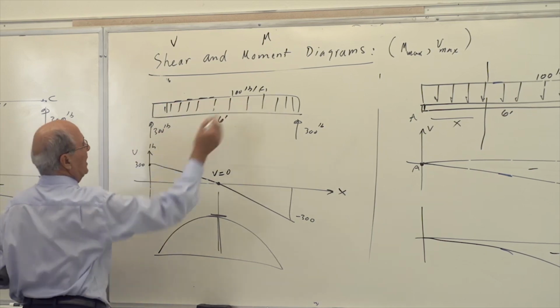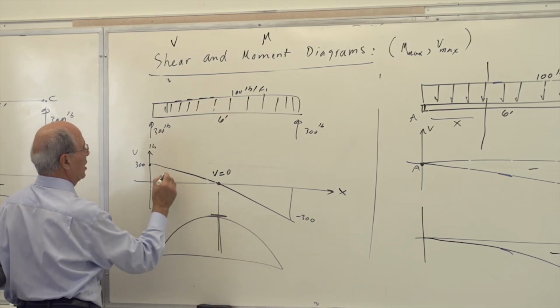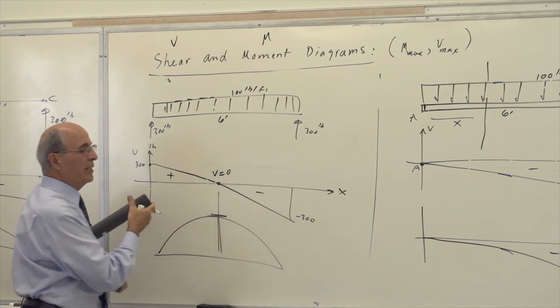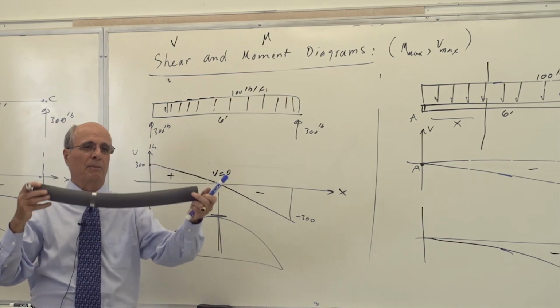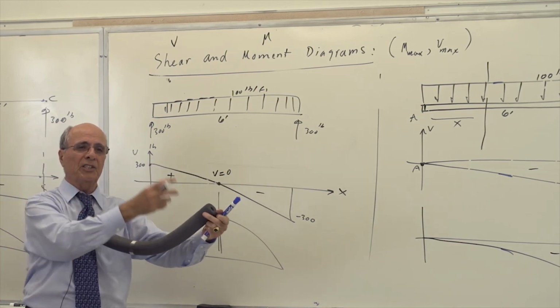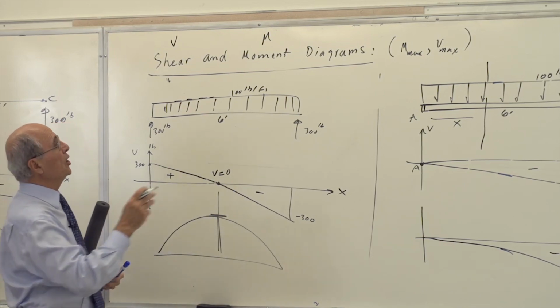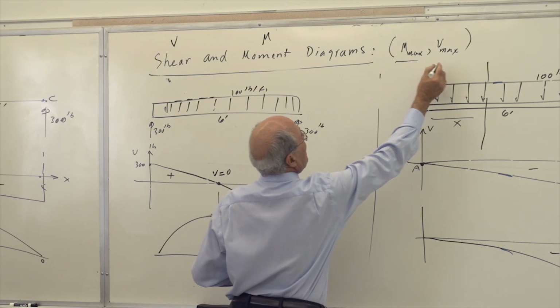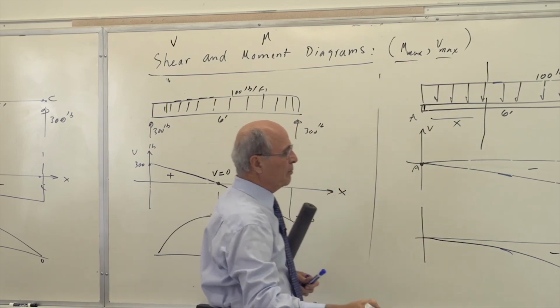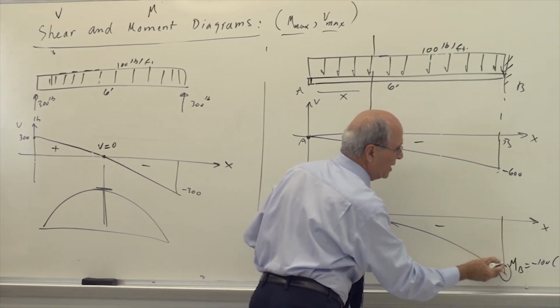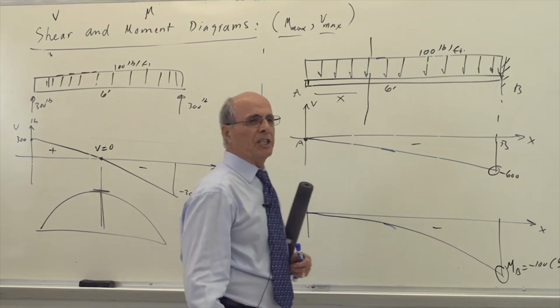Again, constant, linear, parabola. This is plus, this is minus. Look at it. But the moment everywhere is plus. What's the highest value of moment? At the middle. The idea was finding M max and shear max for every problem we did. This is M max. This is shear max.